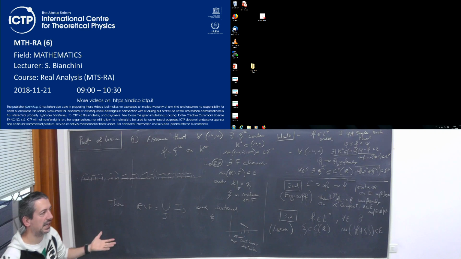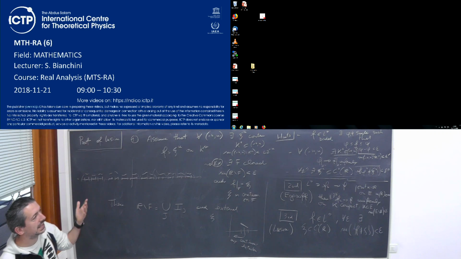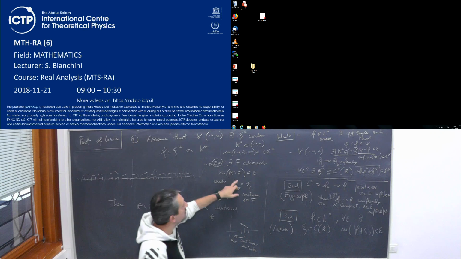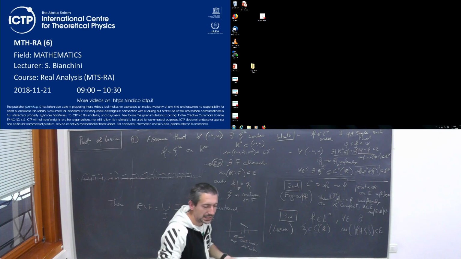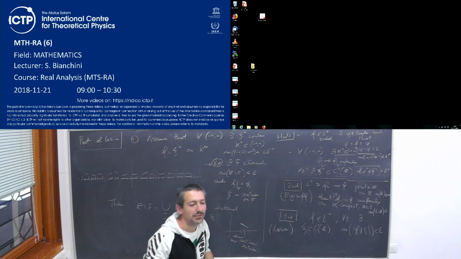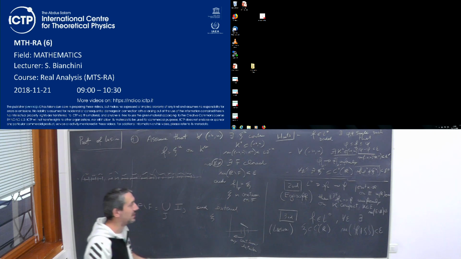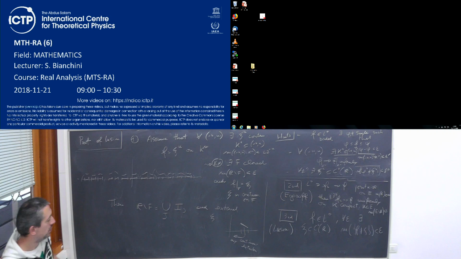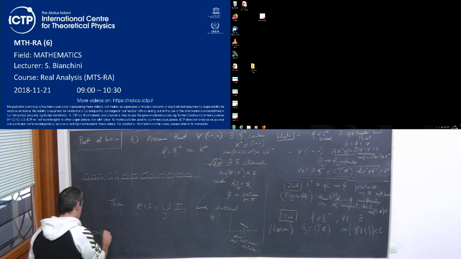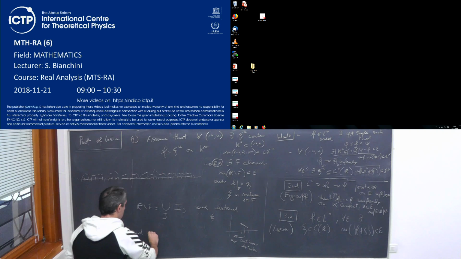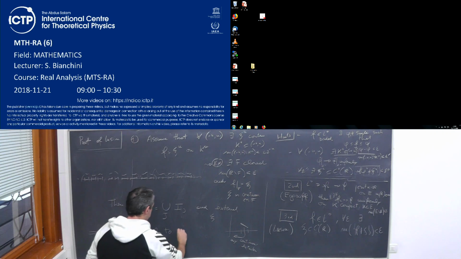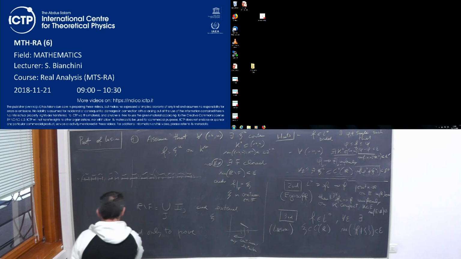It's always the same trick. The idea is that every time I throw out something arbitrarily small, and then I sum up, I'm throwing out something which is still small. So the conclusion here is that we only need to prove the theorem in bounded sets.